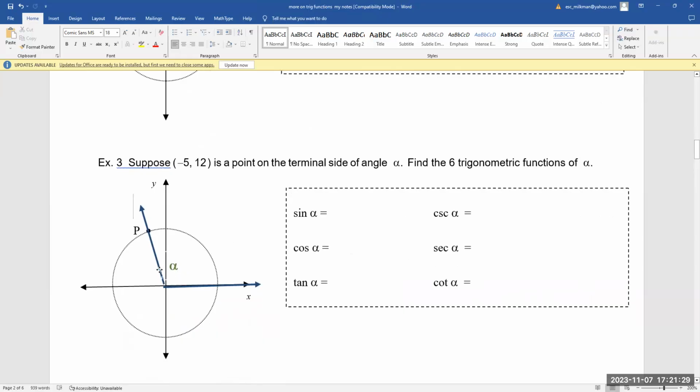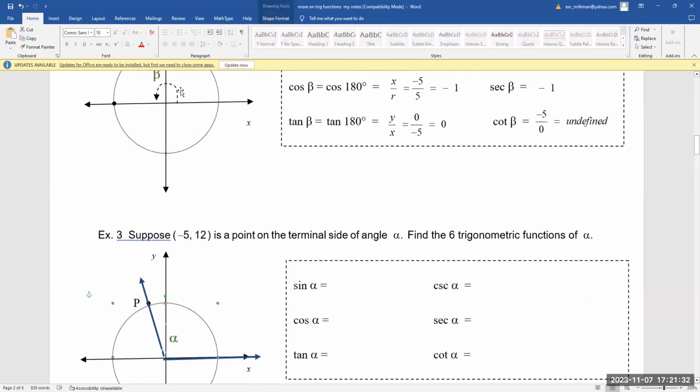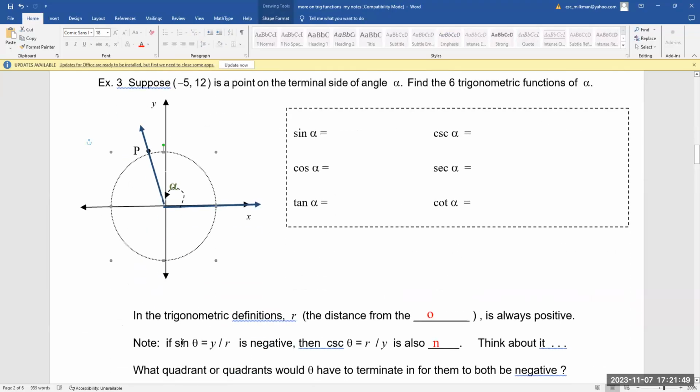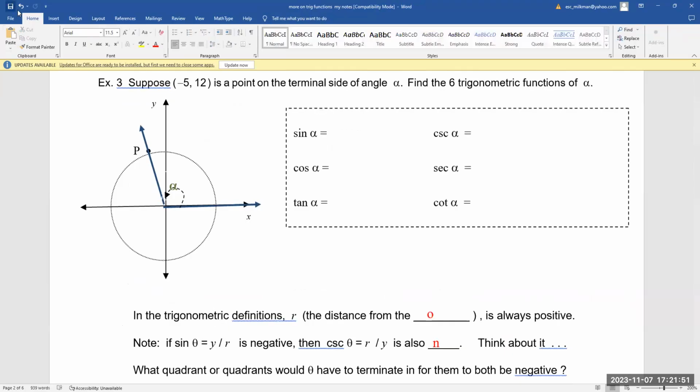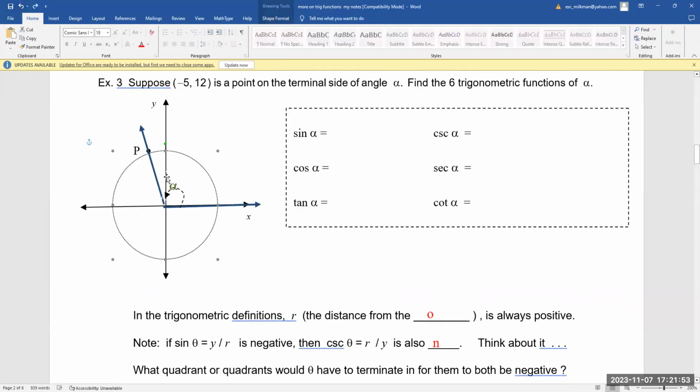So just go ahead and make a little arrow, very similar to this one. I think you have the idea. Alpha, where are you? Okay.